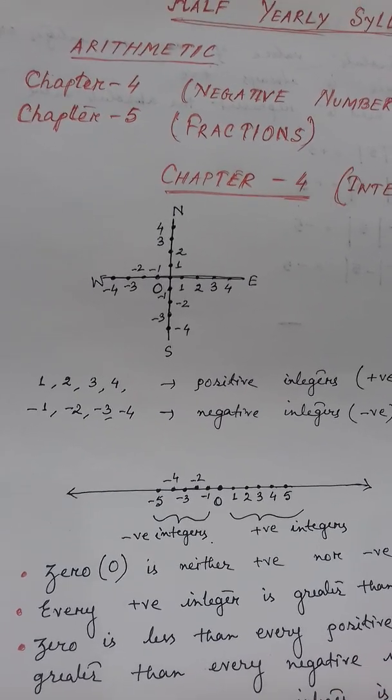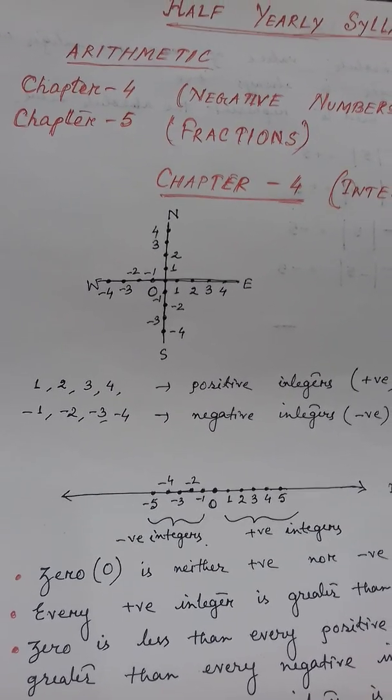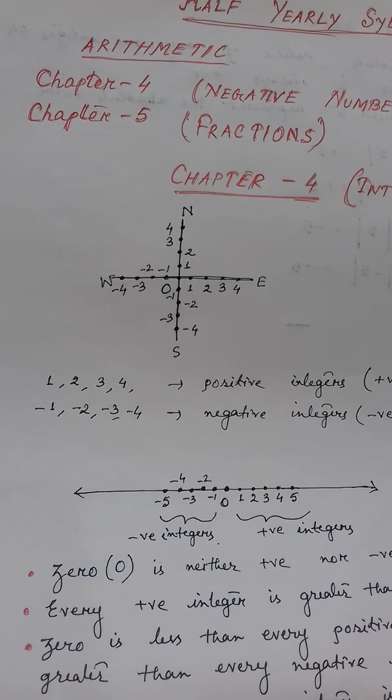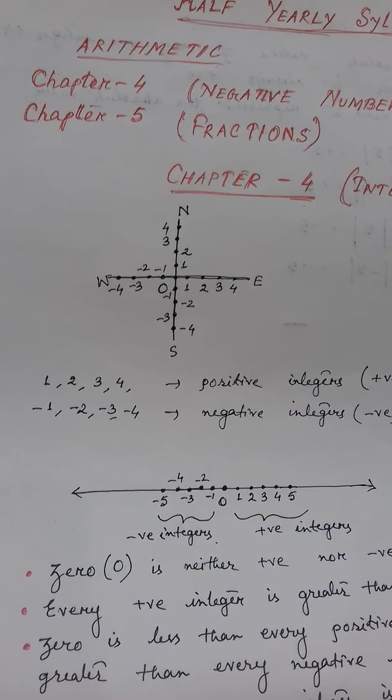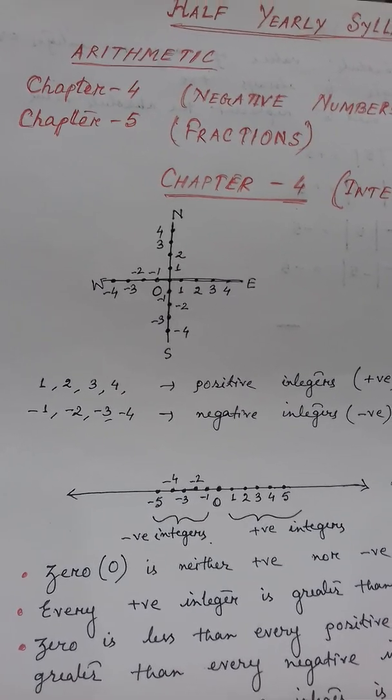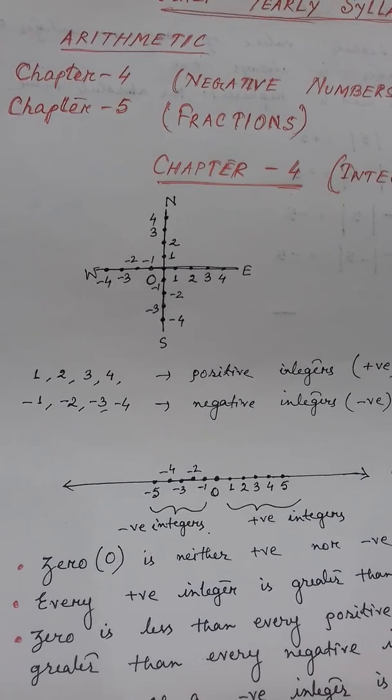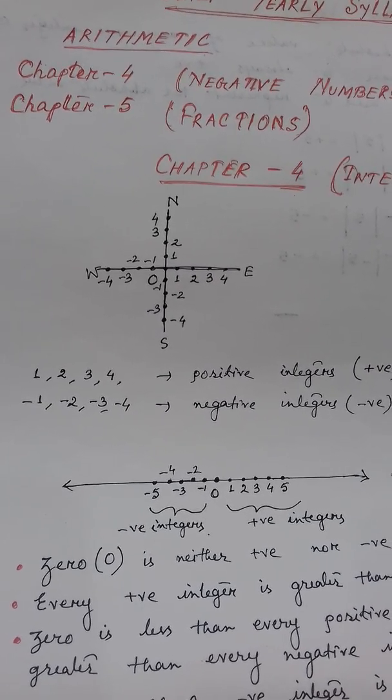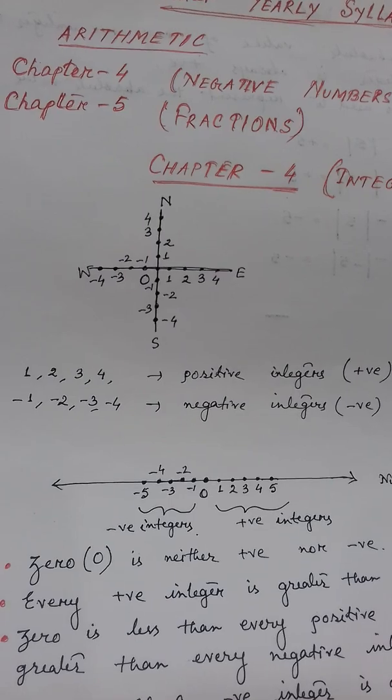So now, about this integer chapter, what is the concept of integer? Integer means all the positive natural numbers are known as integers. Clear or not? Positive natural numbers.